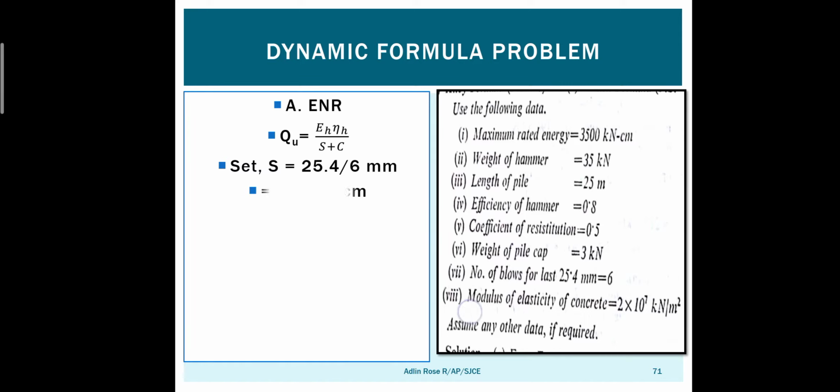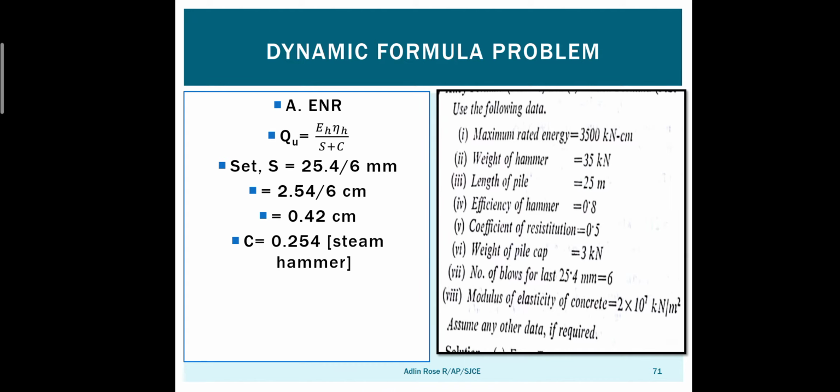So 25.4 by 6 mm. Now convert into centimeter. 2.54 divided by 6 centimeter. Okay, this is set, which is 0.42 centimeter. We are converting into 0.42 centimeter set value.